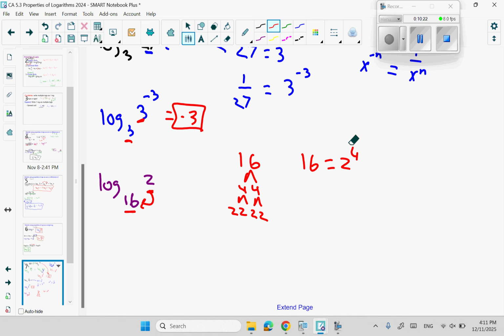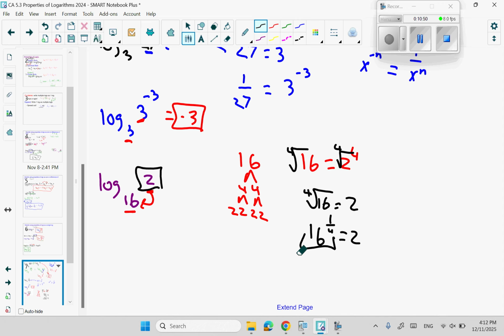Well, I am not trying to replace 16. I'm trying to replace the 2. So in this problem, I could fourth root both sides. So by this logic, 2 has to be the fourth root of 16. Well, as we've already discussed, I can rewrite radicals as an exponent. So this is actually 16 to the 1/4.